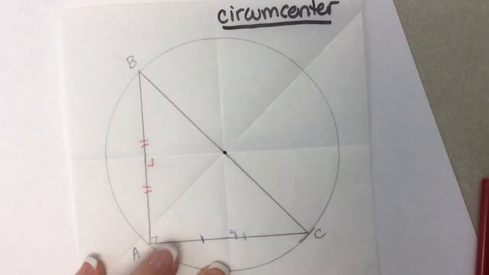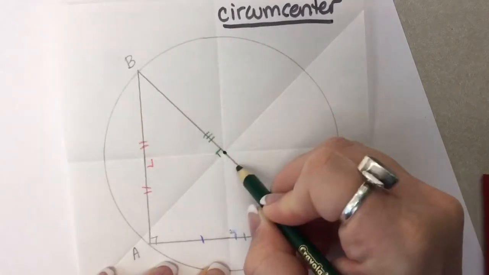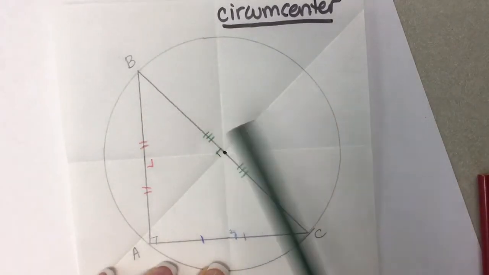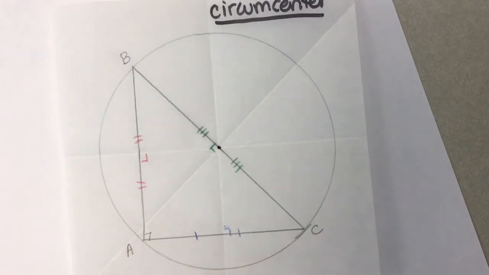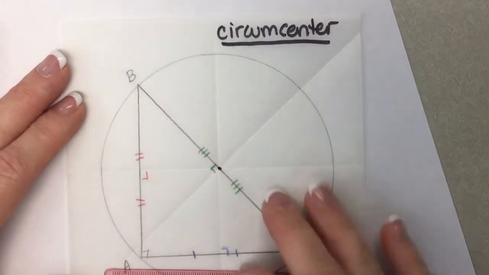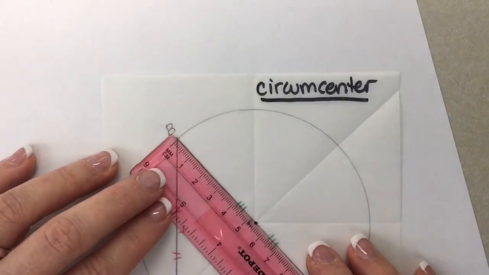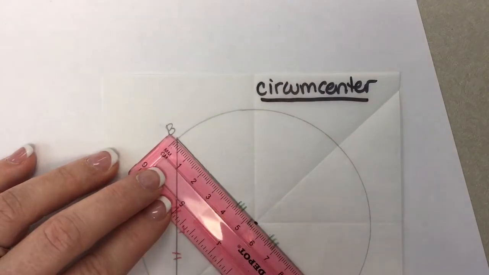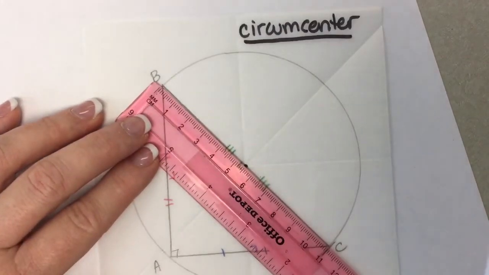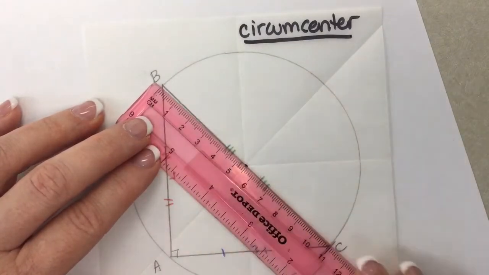All right, these were my three folds, happen to be perpendicular here, okay, and they intersected at this point. So that means that the distance from this point to each vertex should be the same. Let's check it out. So here's the circumcenter and here's the vertex right on the edge. Now when I drew the circle around the triangle with my compass, it wasn't perfectly accurate.